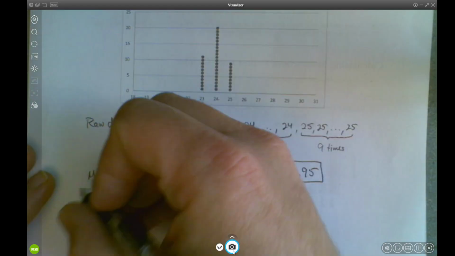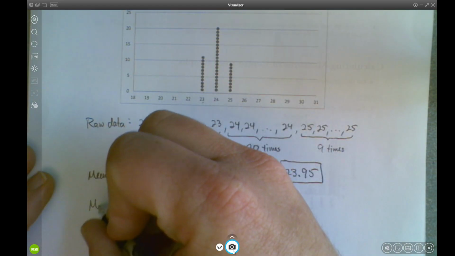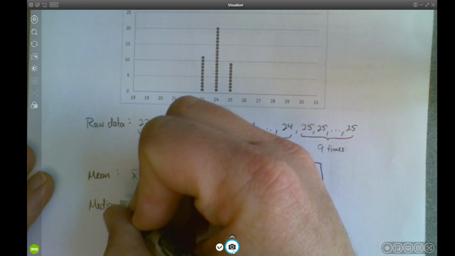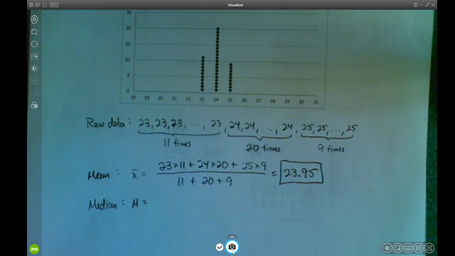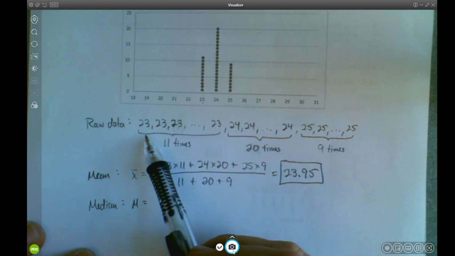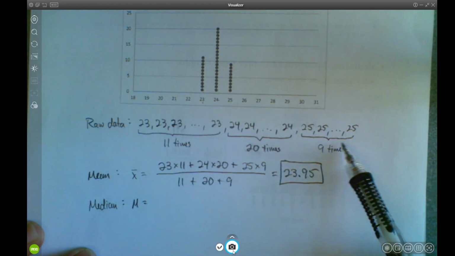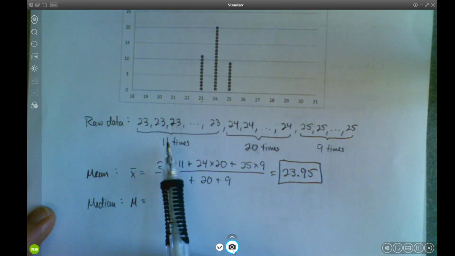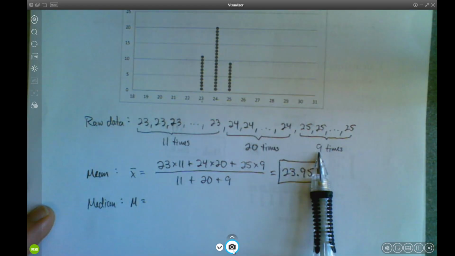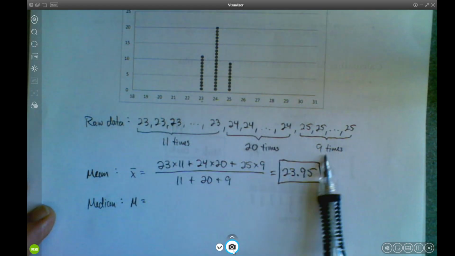For the median, well, let's see. So again, try to imagine that you have the entire list of your raw data. In total, there would be 11 plus 20 plus 9 values in that list, which comes out to 40 values.